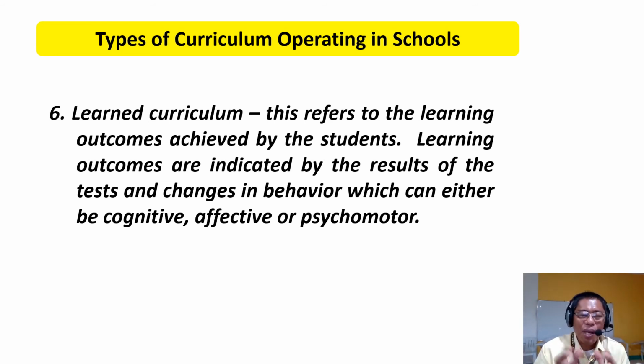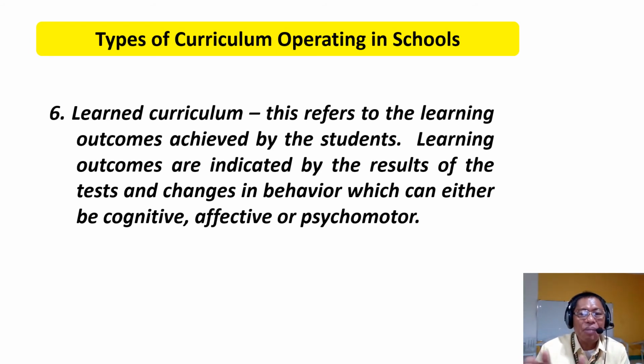Speaking of changes, we are already familiar with this, no? Cognitive, affective, or psychomotor. These are the 3 domains of learning. Domains, areas, no? Pag sinabing domain, it's just another word for area. So pag sinabing domains of learning, areas of learning. So we have the cognitive domain, cognitive area. Affective domain, affective area.